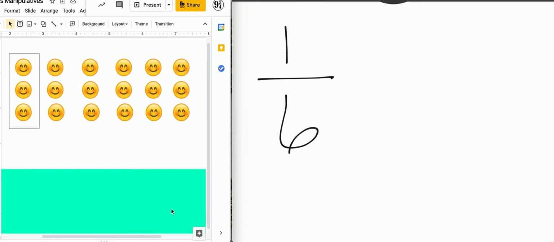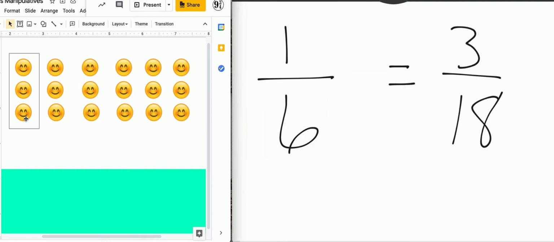Or I could also say 1, 2, 3/18. And again, these two things are worth exactly the same amount. We could either say 1/6 or 3/18, and either of those are going to be the same.